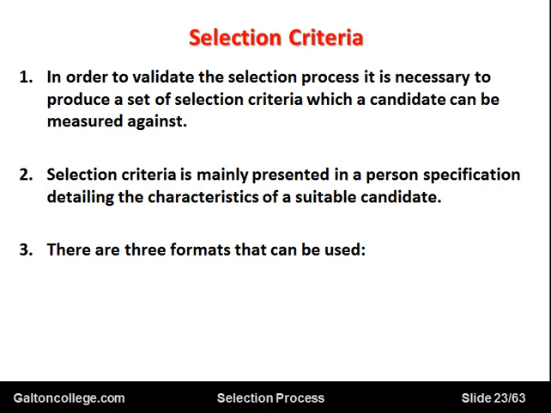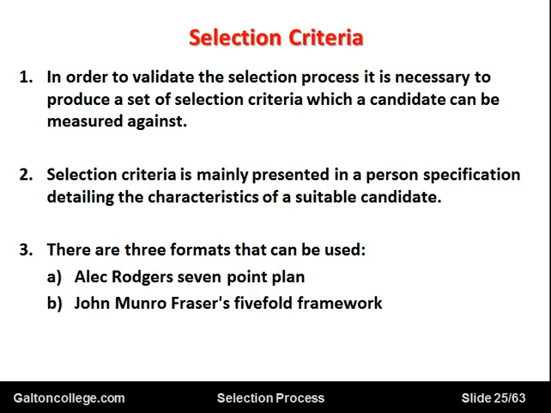There are three formats that may be used in dealing with the selection process. The three formats are the Alec Rogers seven-point plan, John Munro Fraser's fivefold framework, and Lewis's three aspects of the selection criteria.